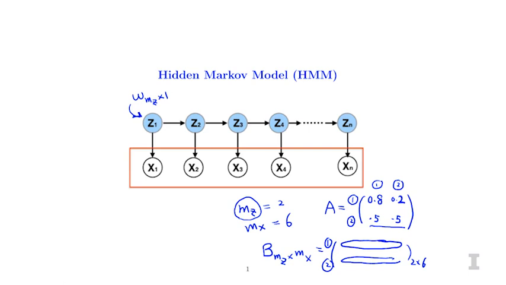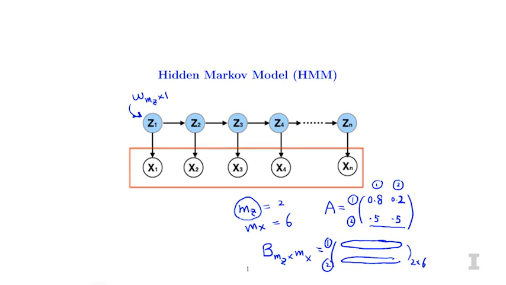However, because of the time index 1, 2 until n, those X's are not independent. There's a natural temporal relationship among those X's. So this is why we model the latent variable Z not as IID draws from MZ different values, but as a Markovian process.